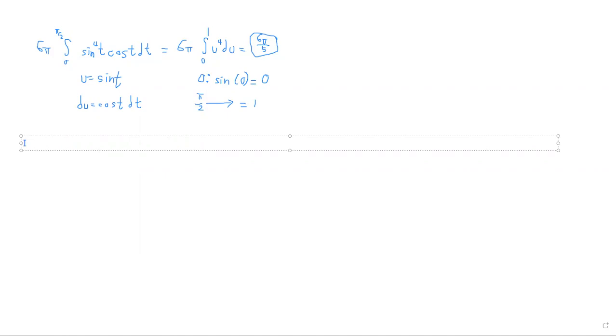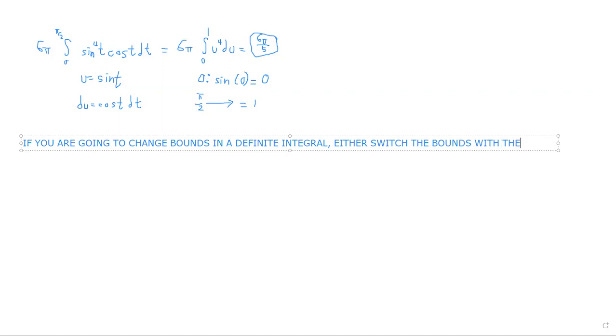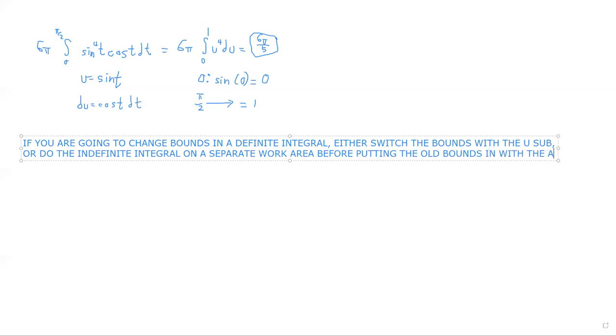If you are going to change bounds in a definite integral, either switch the bounds with the u substitution, u sub for short, or do the indefinite integral on a separate work area before putting the old bounds with the antiderivative.